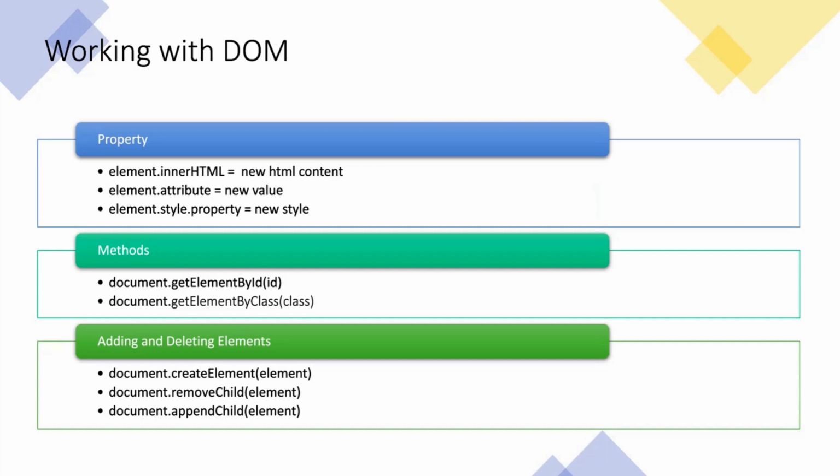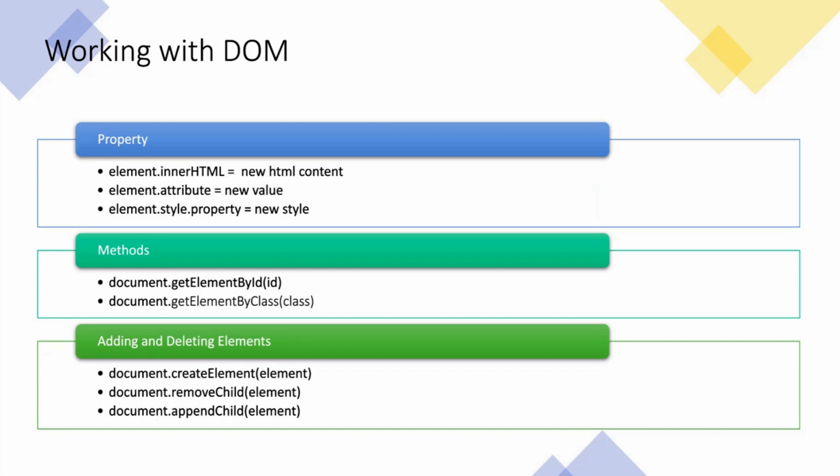On the whole document element, we can use these two methods to search the whole page for an element whose ID we can provide as a parameter, or a class we can provide as a parameter, and in return we will get that element.